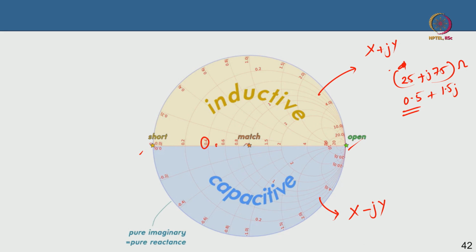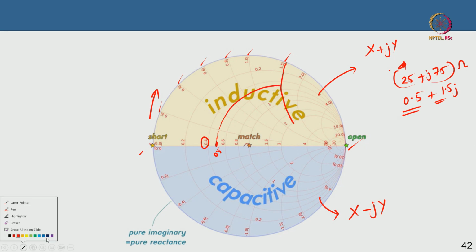Now it is plus, so you have to go to the top 1.5. Where is 1.5? You see this 0.2, 0.4, 0.6, 0.8, 1, 1.5. This line is your 1.5. So, you take this value 0.5 and you go like that. This point is your 25 plus j75, 0.5 plus 1.5.